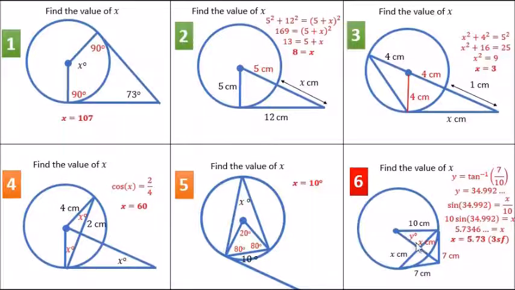Because we're going to use this right angle triangle now, where the right angle is here, sine of y is equal to x over 10. Sine of the angle is opposite over hypotenuse. And when we solve this, multiply both sides by 10, then put it into a calculator, we get x being 5.73 centimetres to 3 significant figures.